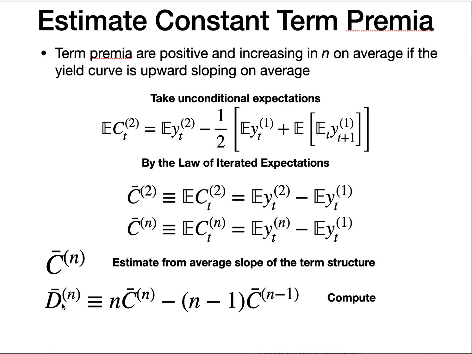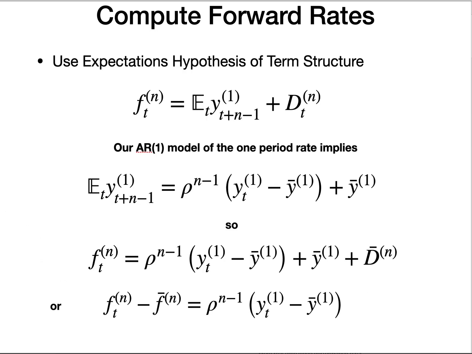So now we're at a point where we've estimated rho, and we've estimated the term premia Cn, and we've constructed these term premia relevant for forward rates by taking these differences of our estimates of Cn. And once we've done that, we can begin to construct our model's implications for forward rates and longer term yields.